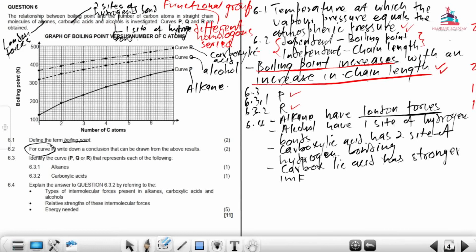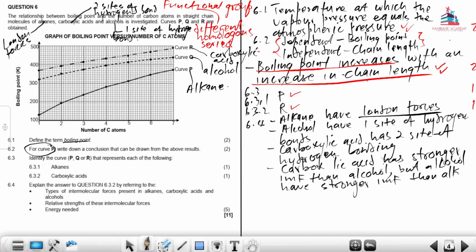So stronger IMF than alcohols, but alcohols have stronger intermolecular forces than alkanes, 100%. So I compared now all 3.